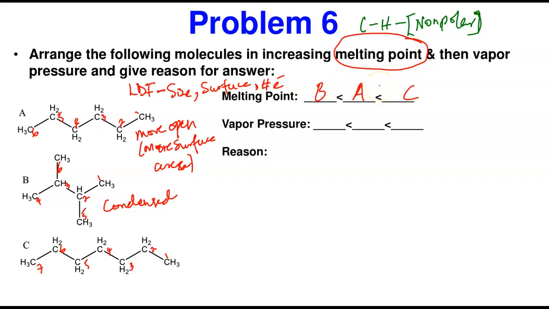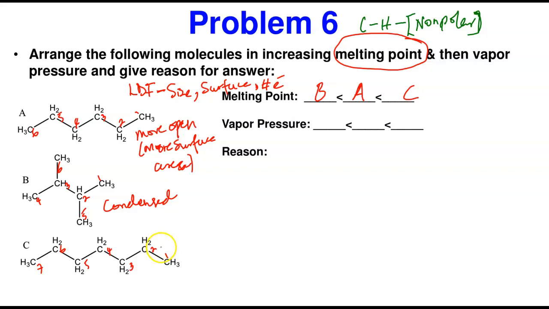Now remember, the best thing I tell students is to know that the strength of the melting point, or intermolecular force characteristic, is the opposite of the vapor pressure. Remember, for vapor pressure, the stronger the intermolecular force, the lower the vapor pressure. If molecule C is the longest and has the strongest London dispersion force, it means that it will have the lowest vapor pressure.